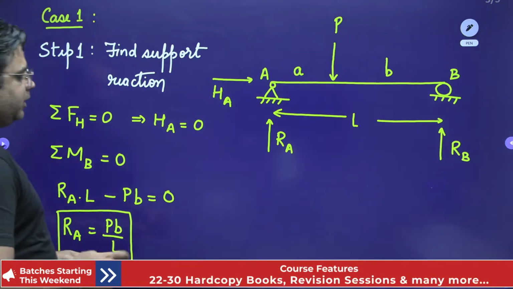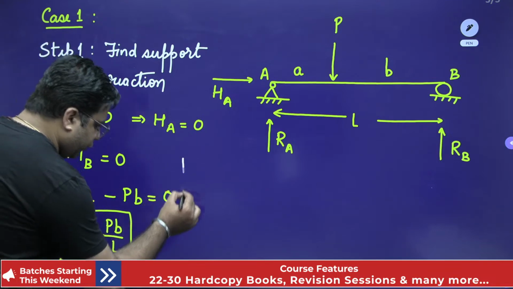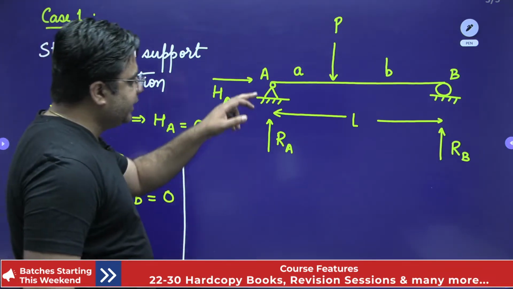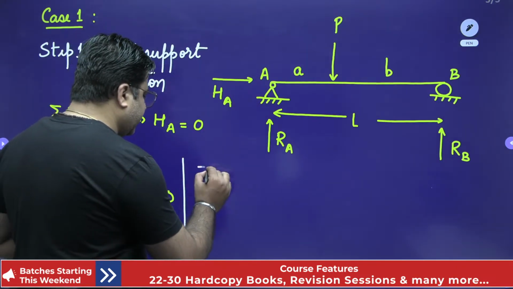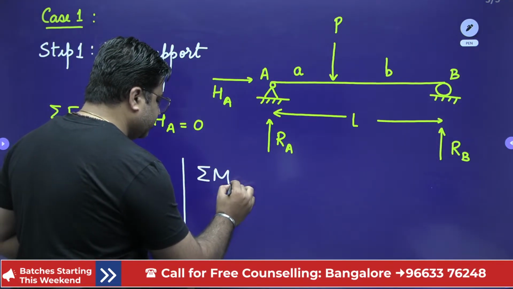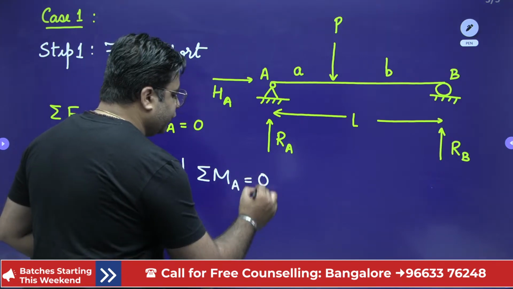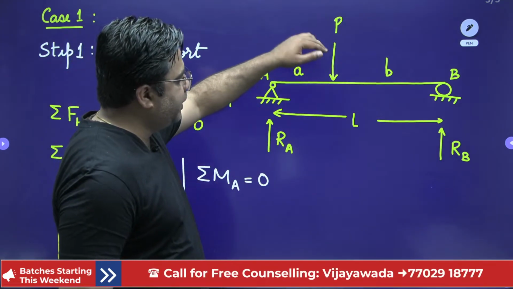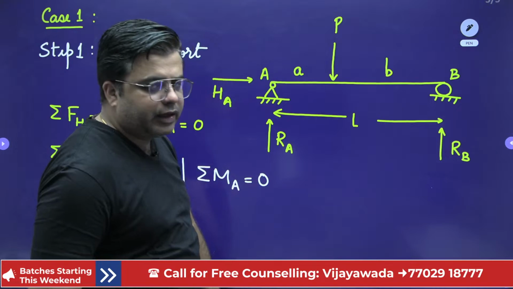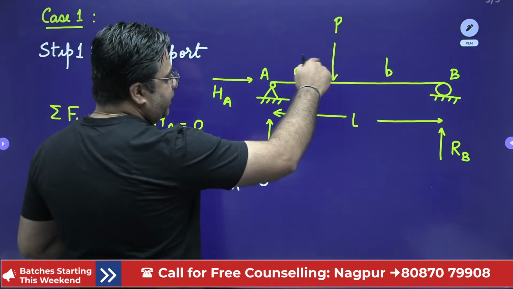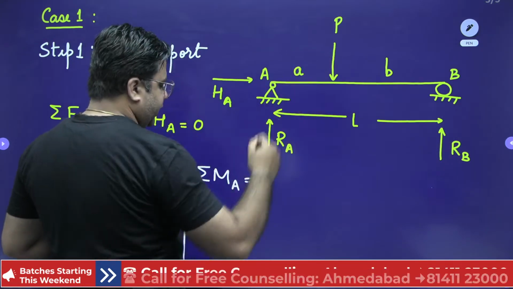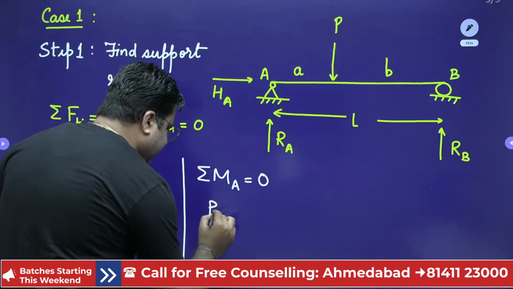Similarly, we can calculate the value of RB by taking the moment about point A to be 0. If I take summation of moments about point A to be 0, the first moment will be due to this load P, and it will give a clockwise moment about point A. The moment due to P about point A is P into A, and this is clockwise, hence positive.